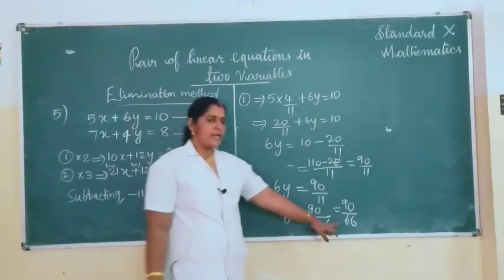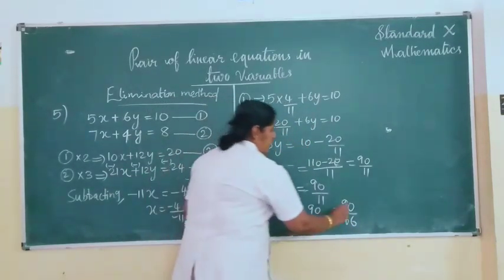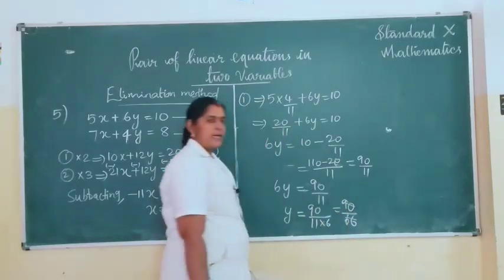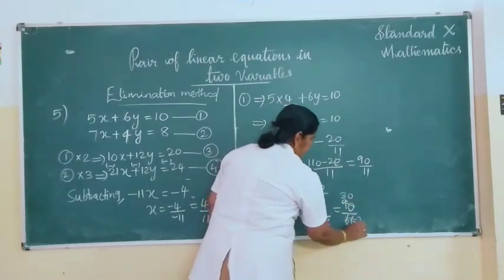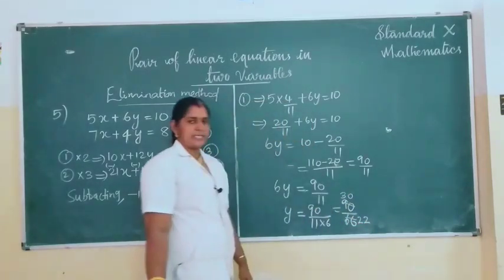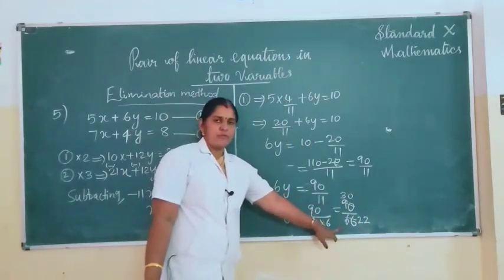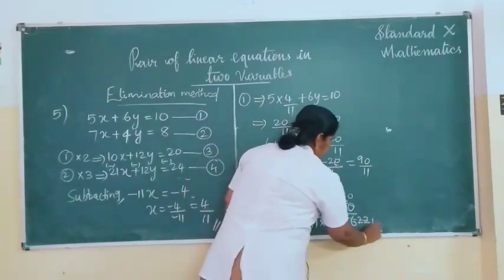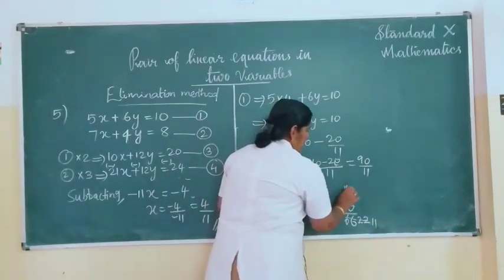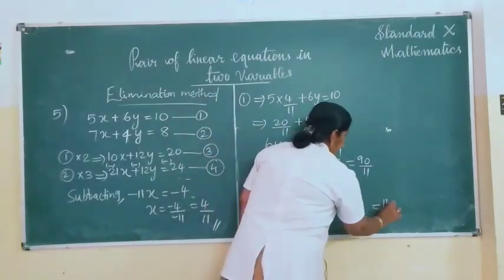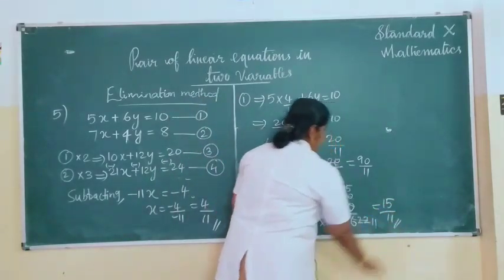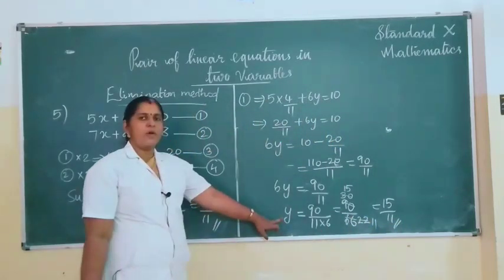Now you can reduce this fraction. If you take the 3 table, 3 3s are 9, 0, 2 3s are 6, 2 3s are 6. Again you can reduce by the 2 table. So 11 2s are 22, 15 2s are 30. So the answer is 15 by 11. So 15 by 11 is the value of y.